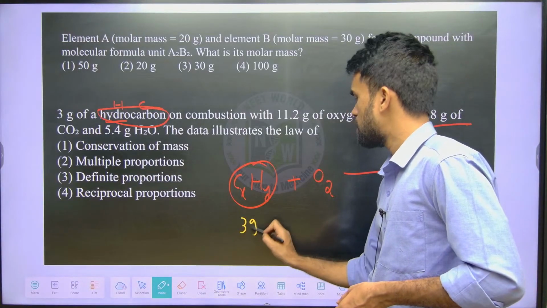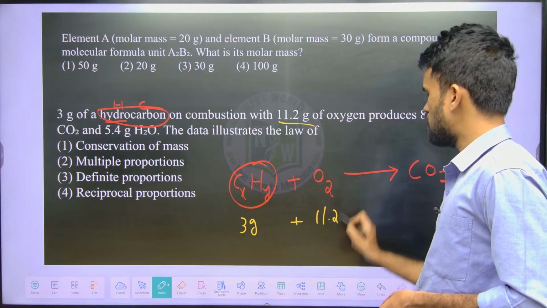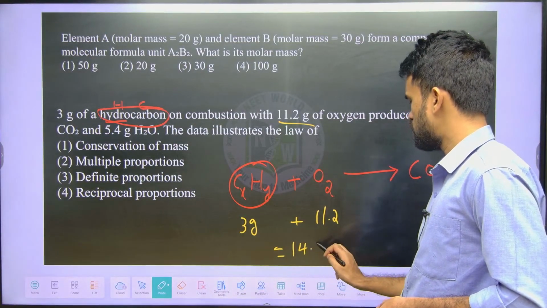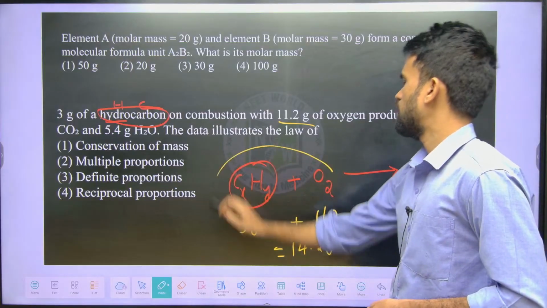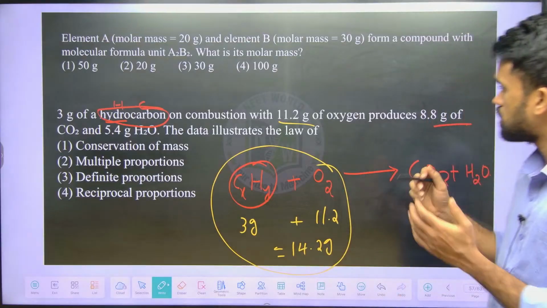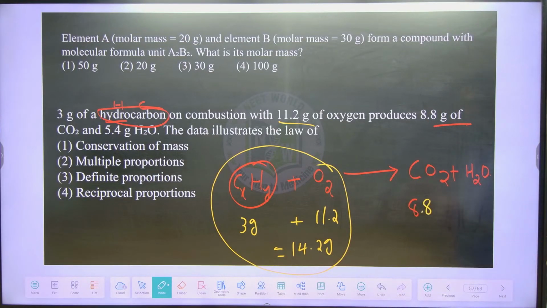Now see what data is provided. Hydrocarbon weight is 3 grams and oxygen weight is 11.2 grams. So what is the total mass we got? 14.2 grams. What is the left hand side of the equation? Total mass is 14.2 grams. And on this side they are saying it is producing 8.8 grams of CO2 and 5.4 grams of H2O.